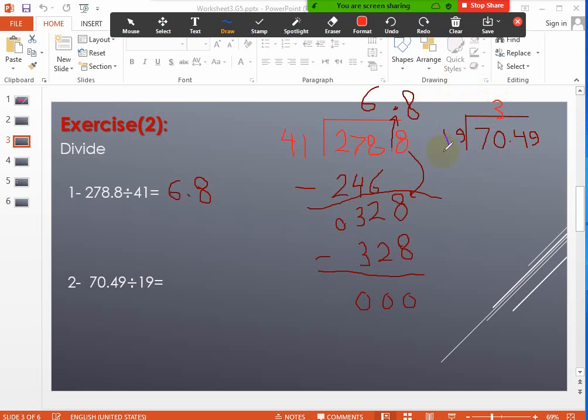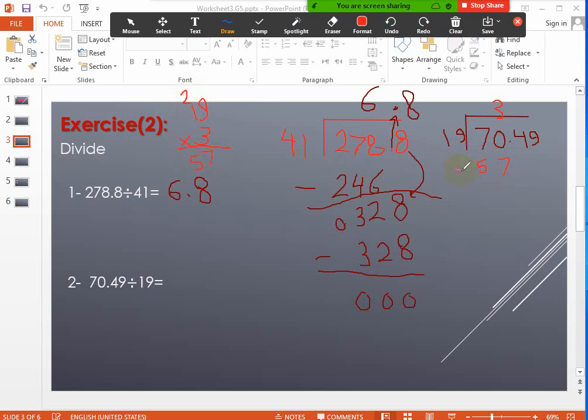Now, let's multiply 3 by 19. 3 multiply 9, 27. I will put 7 here and 2 above the 1. 3 multiply 1 equals 3, plus 2. Very good. Now the number will be 57.